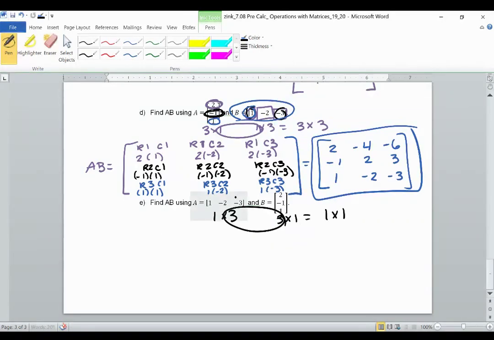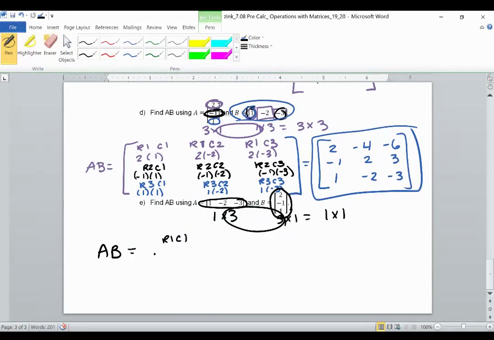So we're taking rows from the first one. So this is the first row. And here is the first column. So again, notice this is the same as letter D. It's just we've switched the order of them. So we're taking row 1 times column 1. That's really all we have here.